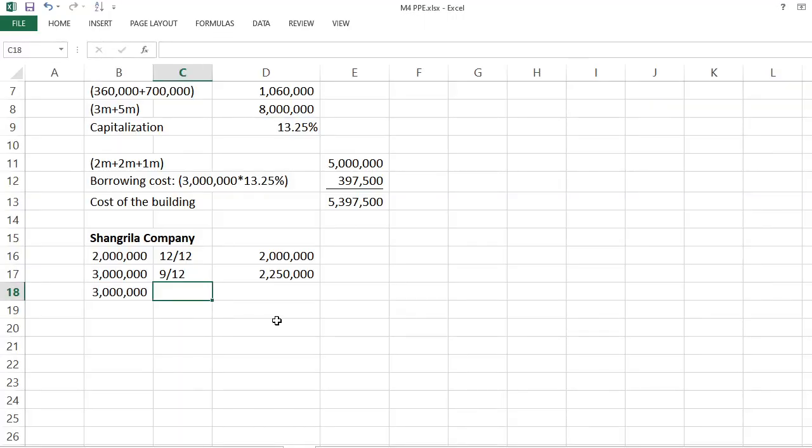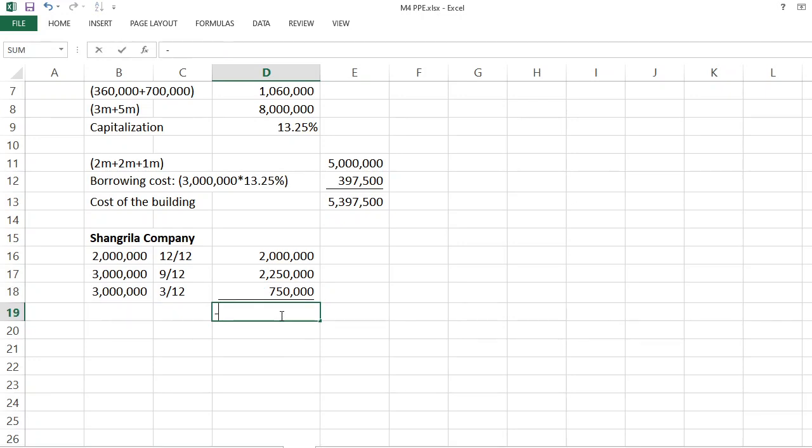September 30 it was spent, therefore we have only 3 months outstanding. And we have a total or an average of 5 million. 5 million pesos. So this is our 1 million on March 31.